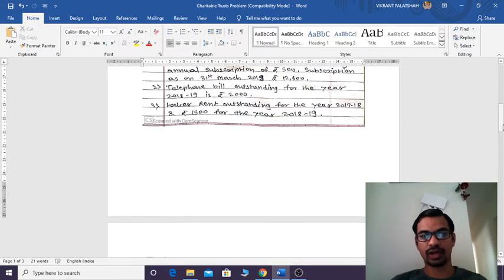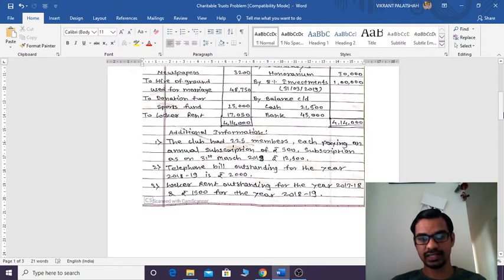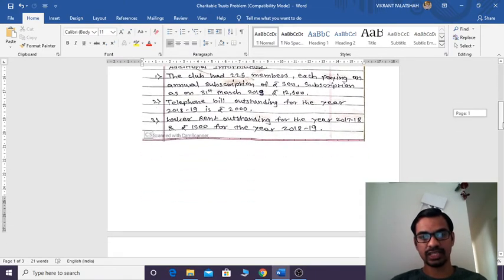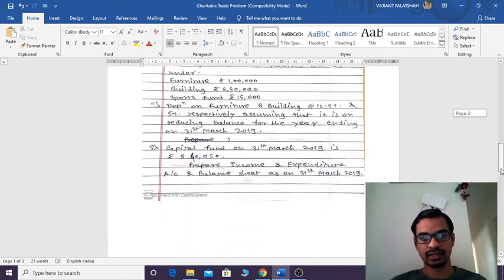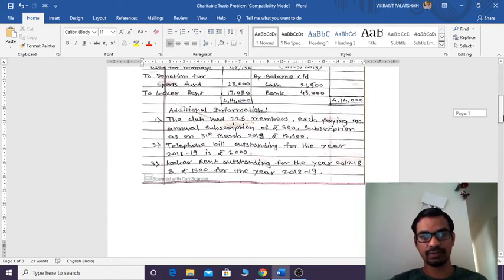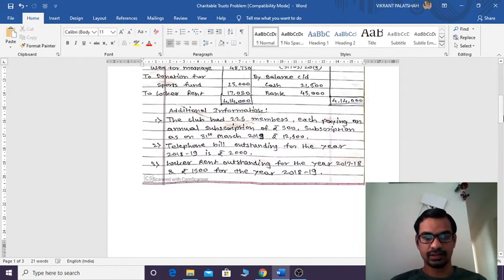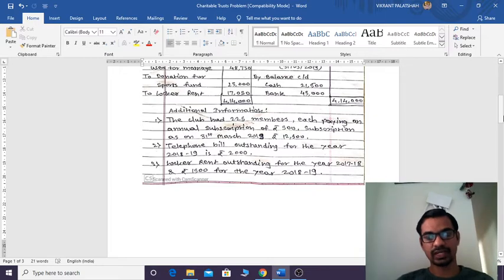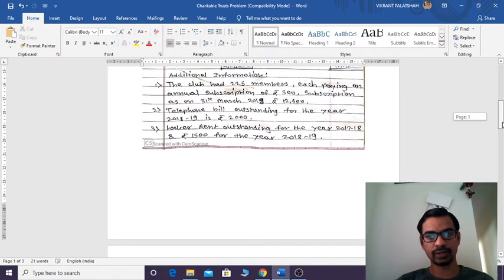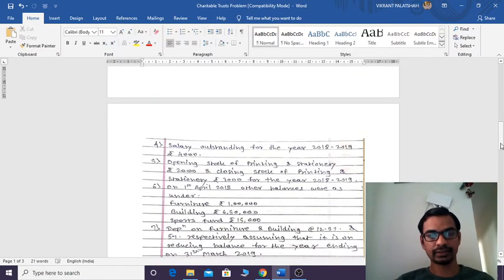The next one, locker rent outstanding for the year 2017-18 is rupees 3,500, and rupees 1,500 for the year 2018-19 is outstanding. Number four, salary outstanding for the year 2018-19 is rupees 4,000.